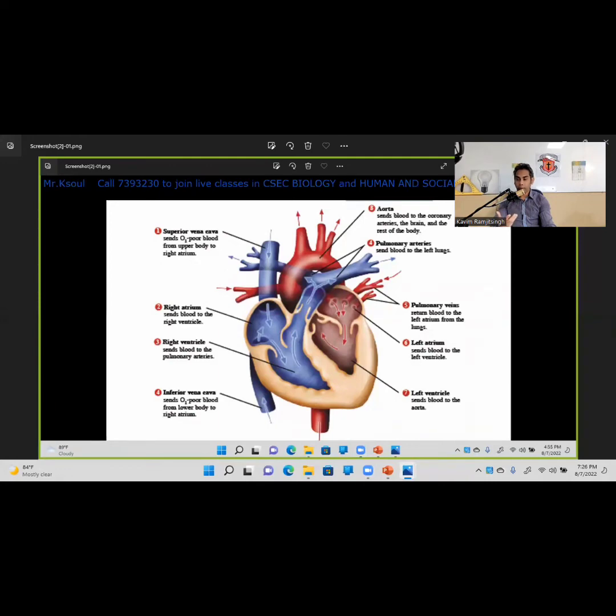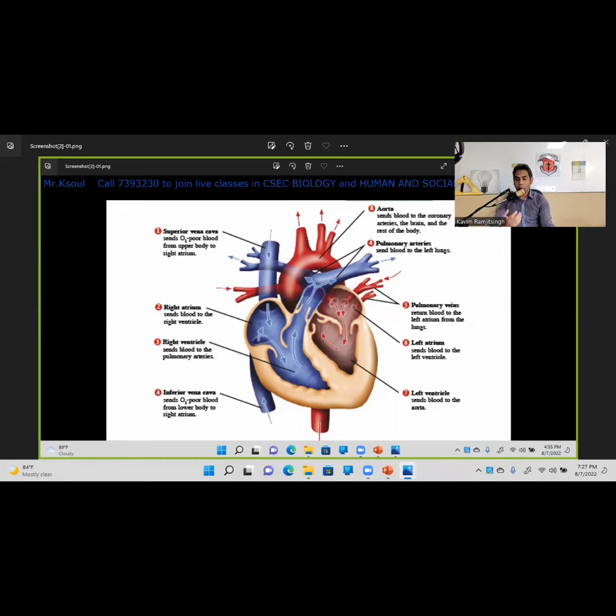It is oxygenated, and then that oxygenated blood comes back via the pulmonary vein to the heart, into the left atrium, left ventricle, and then it is pumped into the aorta, back to the head, upper body, and lower body. Right? So you're seeing it here.